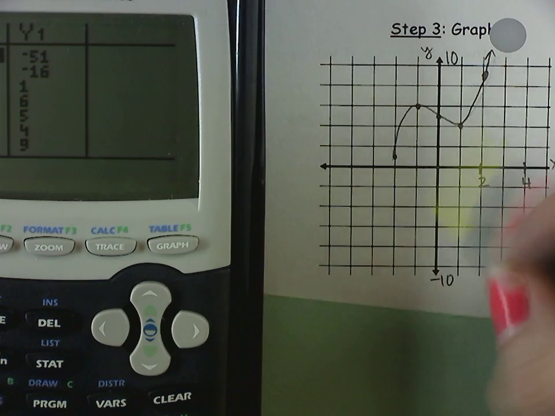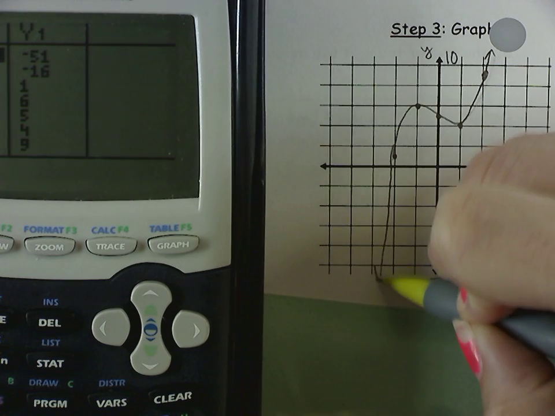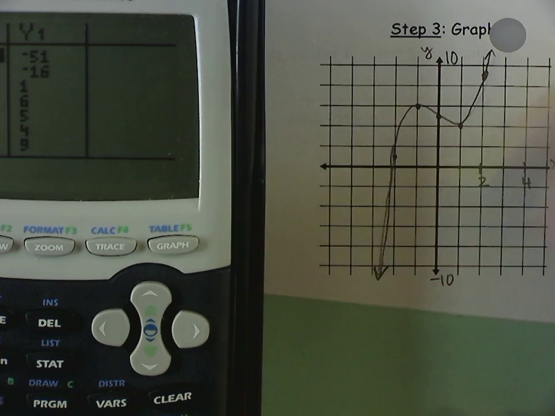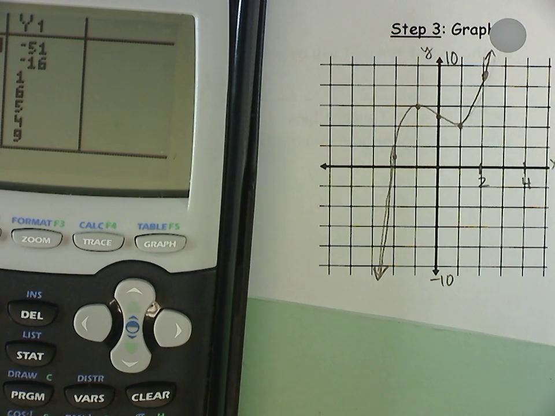Okay, so I'm going to curve this. What was, negative 3 was negative 16, so it'll be off. Yeah, your original equation from the problem.